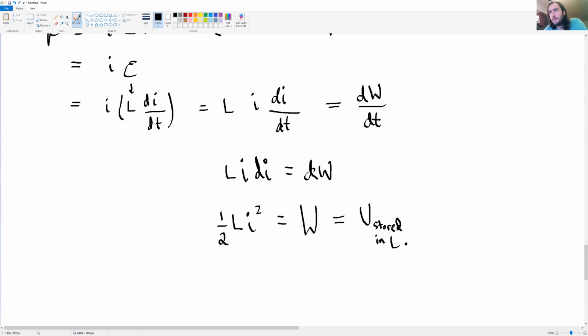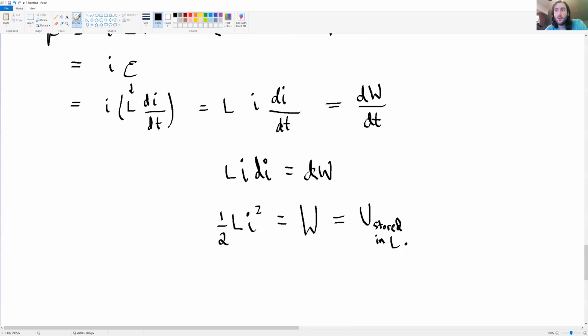Now, you could play around with this formula and write it in another form, maybe having to do with the magnetic flux. I think that in the case of an inductor, it's best to leave the formula as is, 1/2 Li squared.